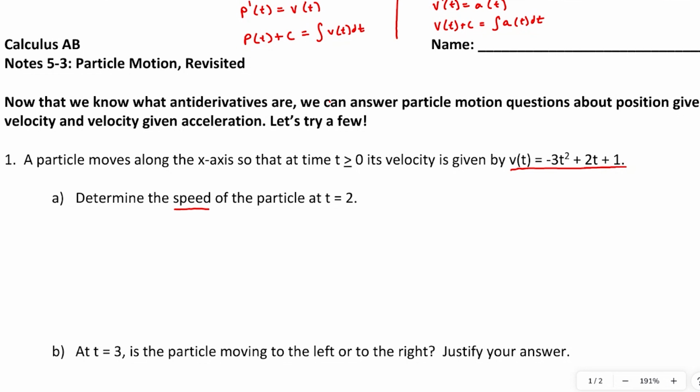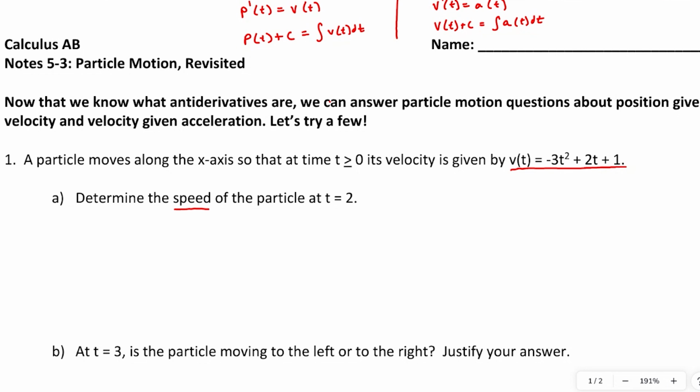So velocity is what we call a vector because it has a directional component, and speed is just a scalar. It's just the number itself. With velocity, you can say I'm going 30 miles per hour east versus 30 miles per hour west, and I can note the difference in direction with a negative sign. Whereas speed is just how fast you're going no matter what direction.